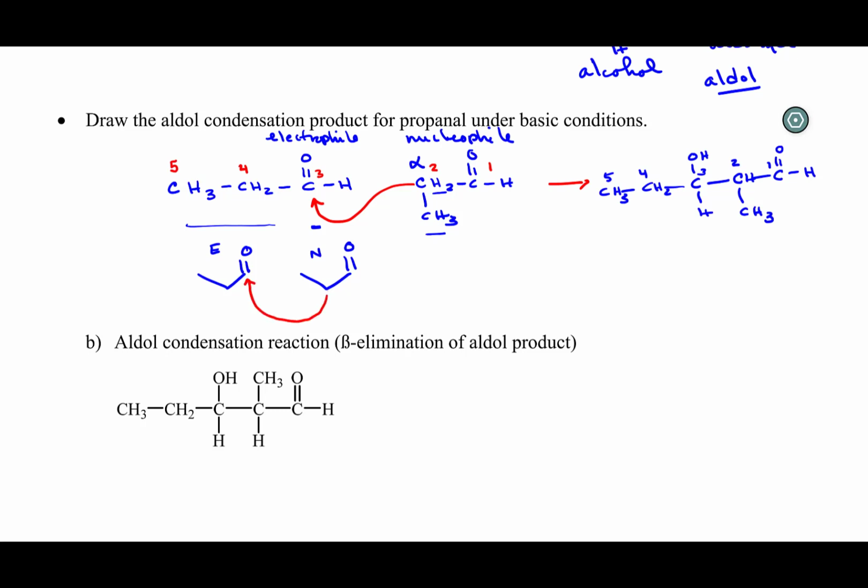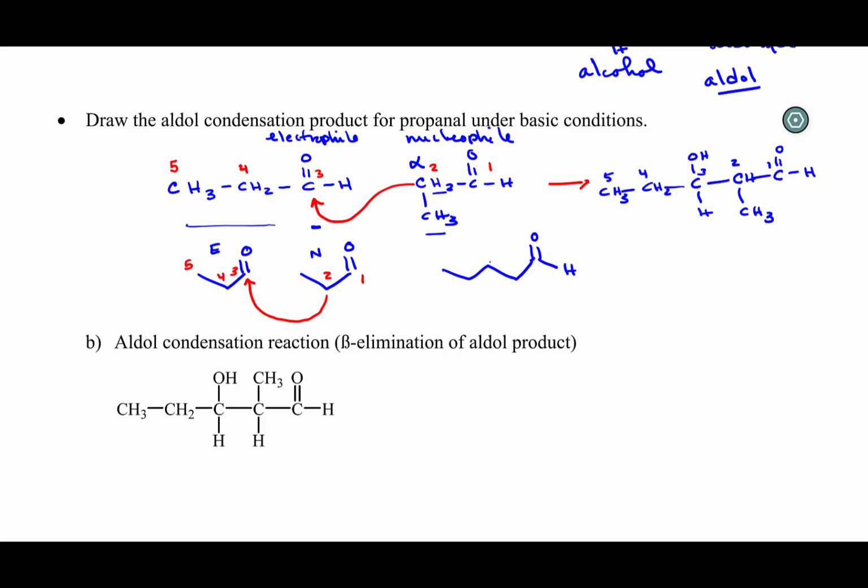So now I can number this. I can go 1, 2, 3, 4, 5. So now what I need is a 5 carbon chain. So I'm just going to draw that. And so I'll get my blue pen back out and go 1, 2, 3, 4, 5. So that's my 5. On carbon 1, I'll have a double bond like this, and there's a hydrogen, so I'll go ahead and draw that.